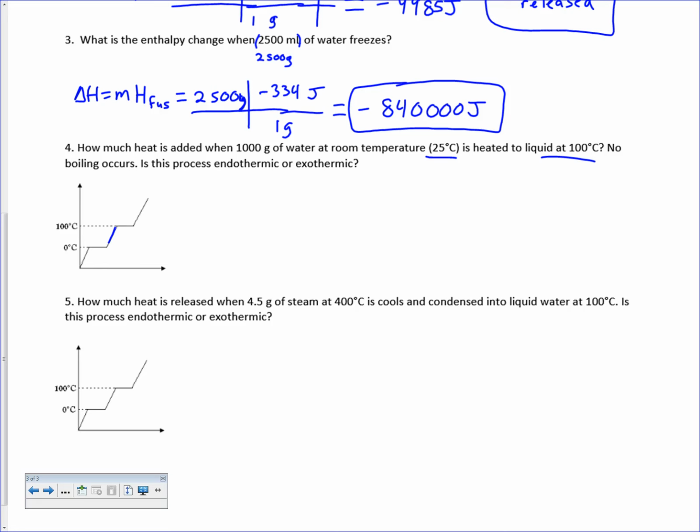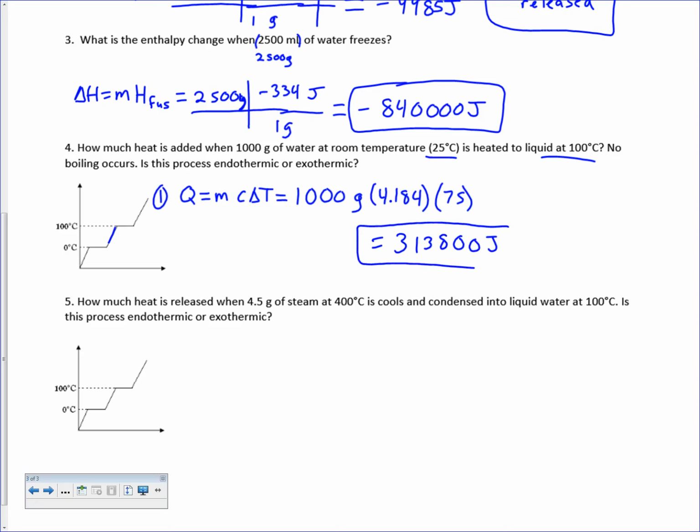The equation for that is Q equals mc delta T, which equals 1,000 grams times C for water, 4.184, times delta T, which is 75. We multiply those together, we get 313,800 joules. And remember, we're not following sig fig rules on this one, because for the heating curve ones we don't.